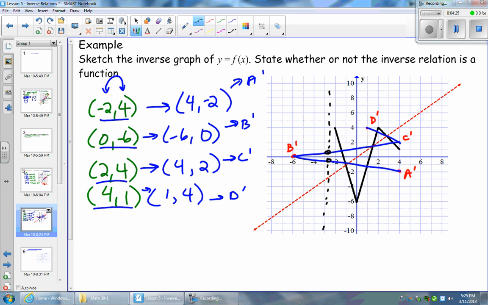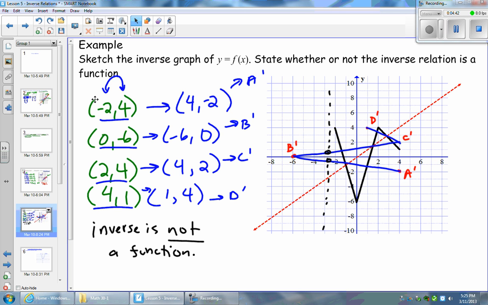So that means this inverse relation graph is not a function, because it does not pass the vertical line test. Okay, so that is it for my more complicated example and how to sketch the inverse of a given function.